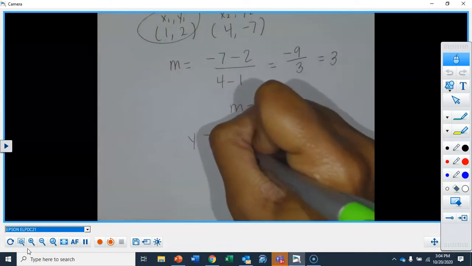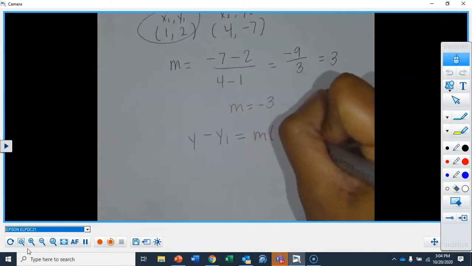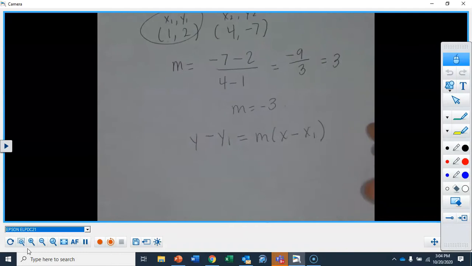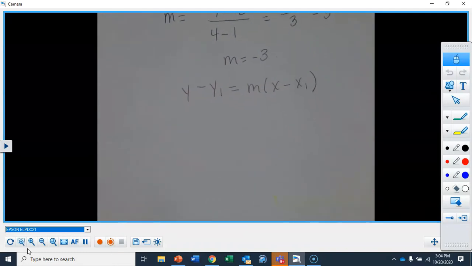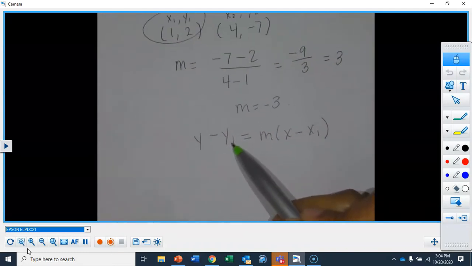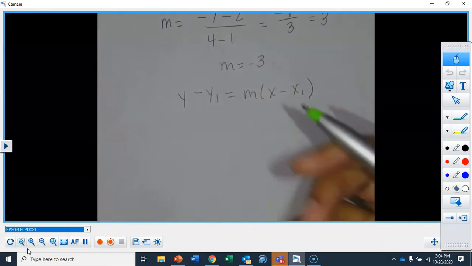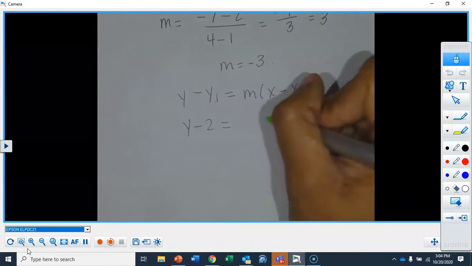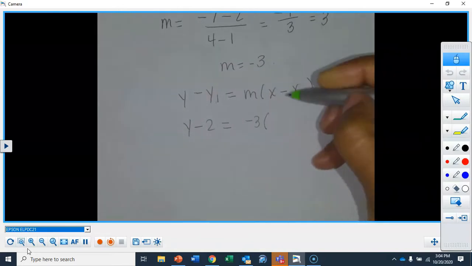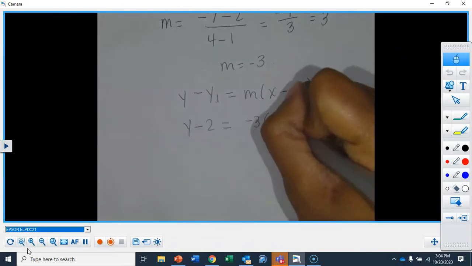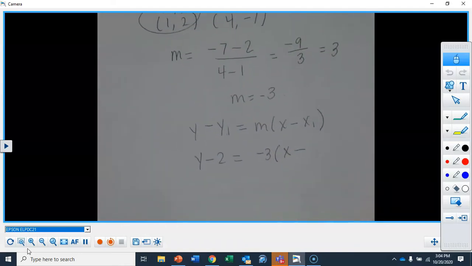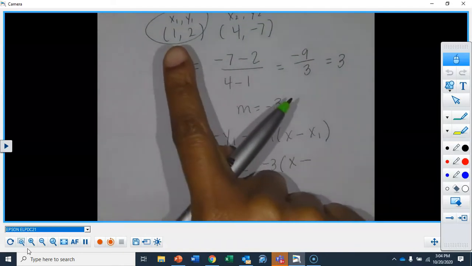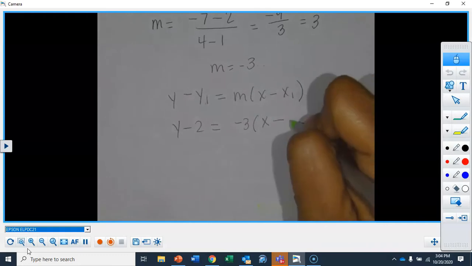So y minus y1 is equal to m times x minus x1. So now, what was my y1? My y1 is 2. So I'm going to put y minus 2 equal. My m is -3, open parentheses. Don't plug anything in for the first x. X minus, and my x1 is +1. All right, here we go.